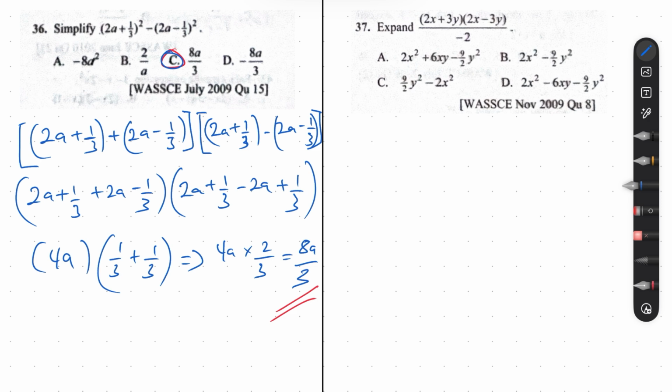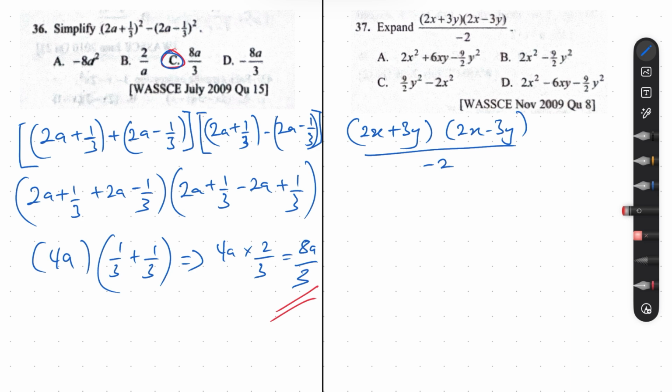Let's move on to question number 37. Question number 37 says we should expand this expression. We just multiply as usual and then we simplify. So we have 2x plus 3y times 2x minus 3y, all over negative 2. Before we try to expand, let's just look at it with an eagle eye for a second, not evil eye, eagle eye.